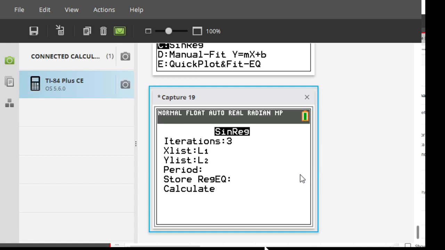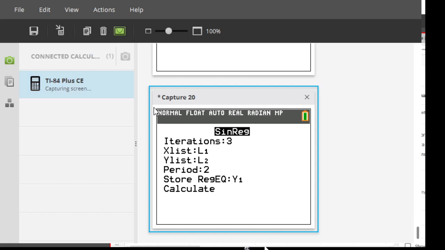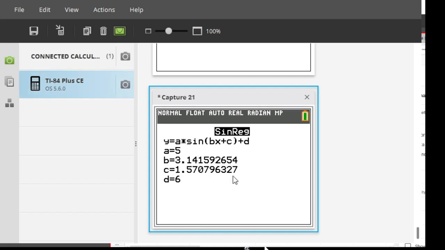It usually works well with 3. Now, based on the data we have, our period appears to be 2. So I'm going to store that in our Y1. And then I'm going to calculate based on that 2. And it is giving us a decent looking fit.